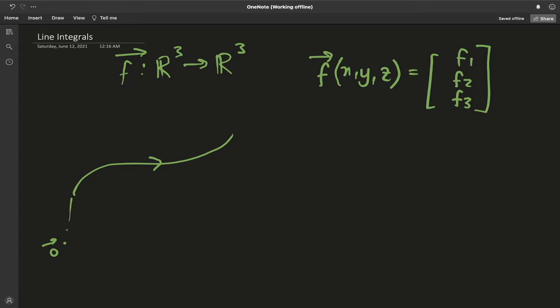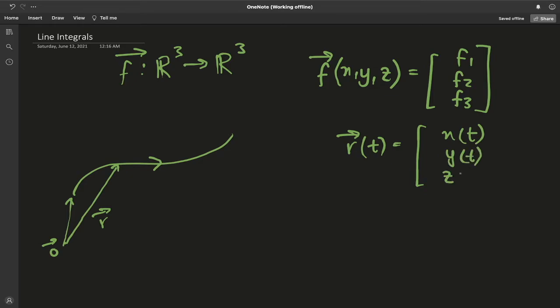We can define a position vector from the origin to each point of the curve. Call this R vector. R vector can be parameterized with a parameter t to be, say, x of t, y of t, z of t. This is a curve in 3 dimensions.